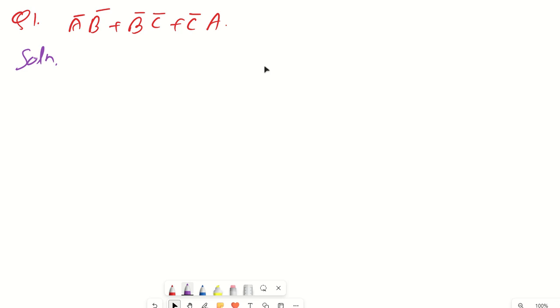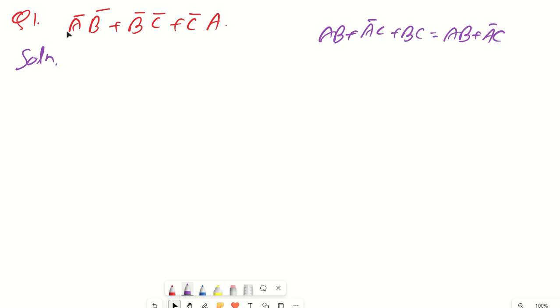You already know that the consensus theorem was what? AB plus A bar C plus BC is equal to, BC will be redundant, so it will become AB plus A bar C. So if I replace all the terms by their complements, you can see that B bar C bar can be redundant.